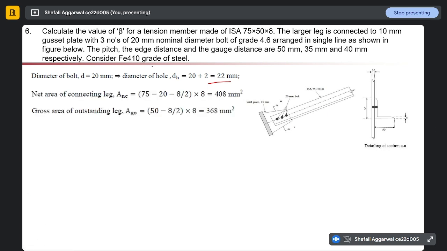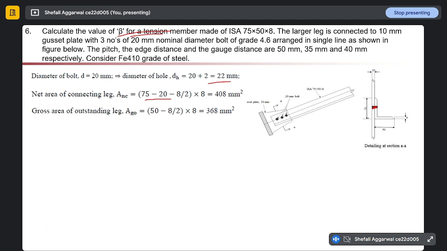Next thing is we have to calculate the value of beta. So for calculating the value of beta, first we need to calculate the net area of this length and this length. So net area of connecting length will be total 75 minus this bolt area, 20 minus 8 by 2.